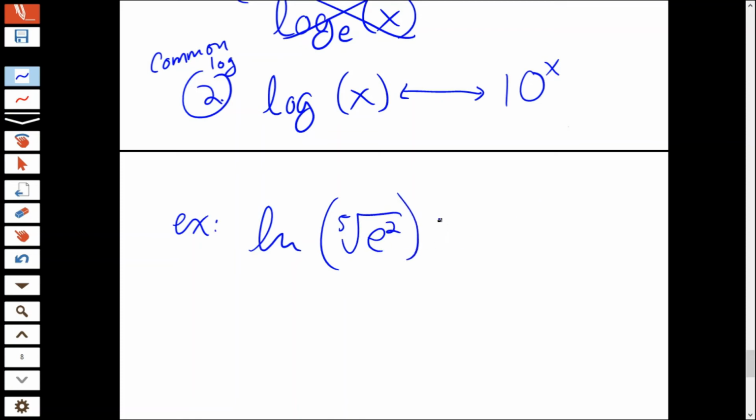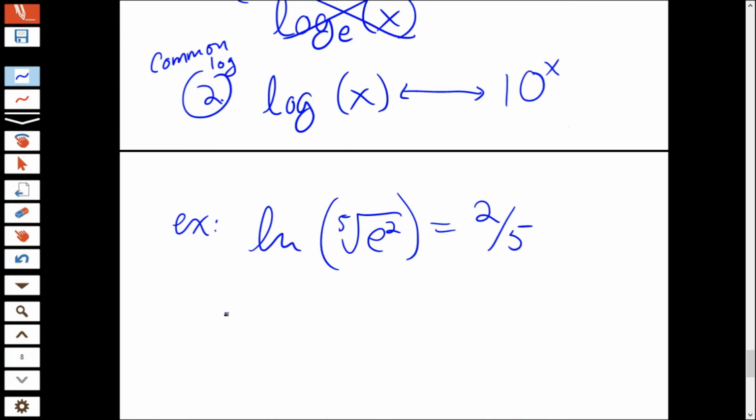All right, something like that, which of course is going to be 2/5, because this log wants to spit out the exponent. Its base is e, and it's asking us e to the what power equals the 5th root of e squared.